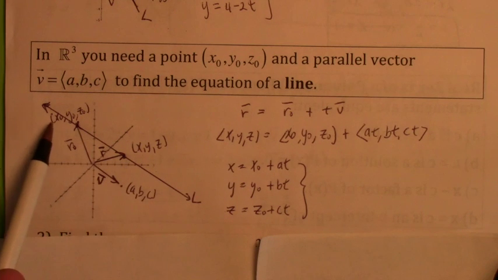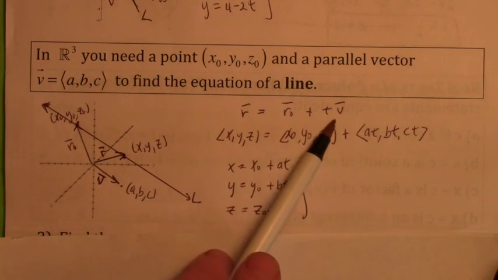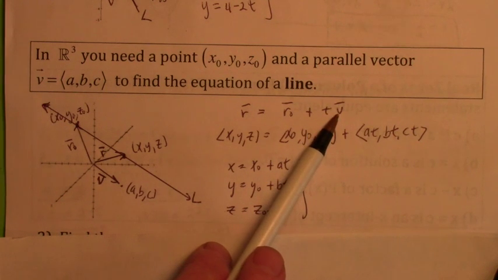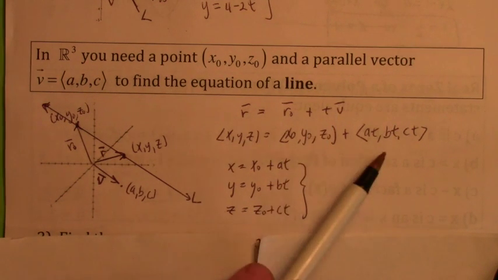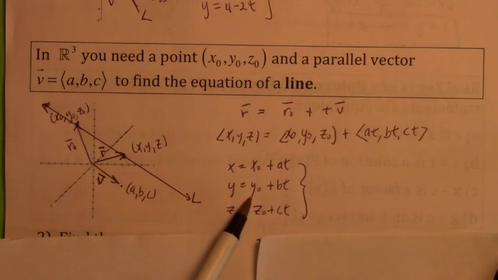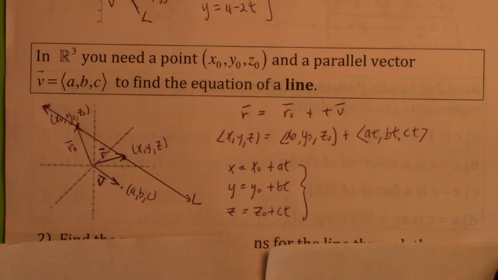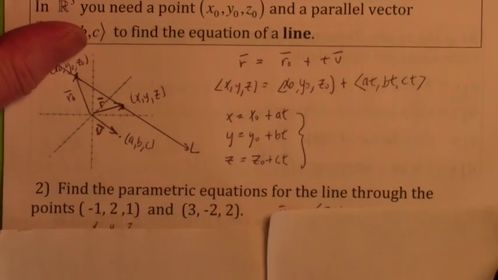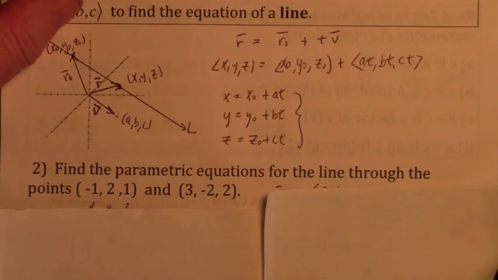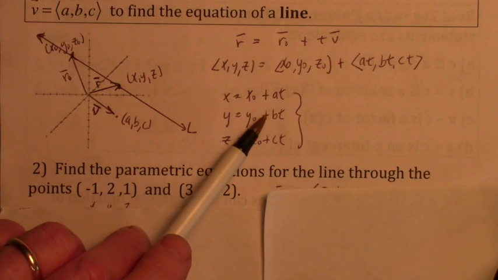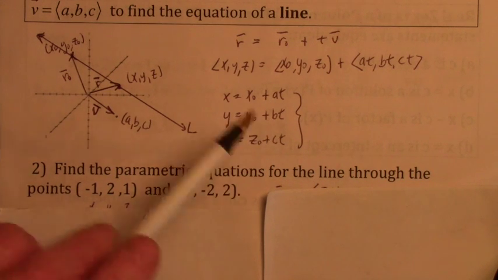The way you can get from this point to this point is start at r0 and add a certain multiple of the parallel vector for the line. If you look at the components, the x coordinates and y coordinates and so on, you get the parametric equations for the line. So you need a point and you need a direction vector. Once you have a point, the coordinates of the point go here, here, and here, and the components of the direction vector go here, here, and here.